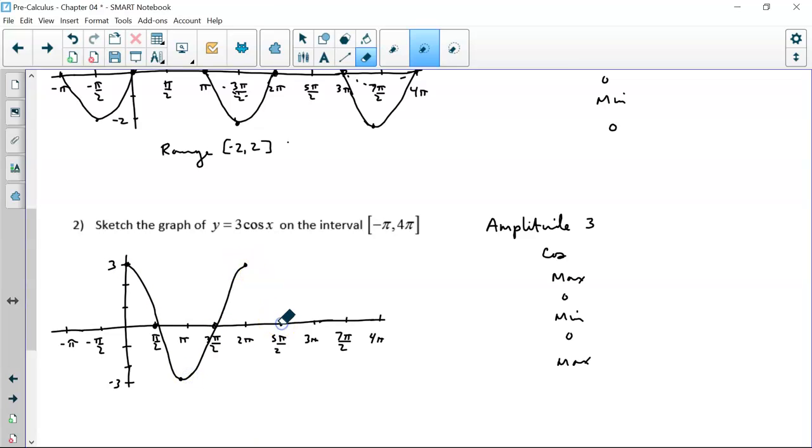It just keeps repeating back to 0, to the minimum, to 0, back to the maximum. Here's our second period of cosine. And if I go backwards, I'm at 0 and then the minimum. So that would be basically 2.5 periods there. So just take note, the range this time goes from negative 3 to positive 3. That's amplitude. Amplitude just changes our highest and lowest points.